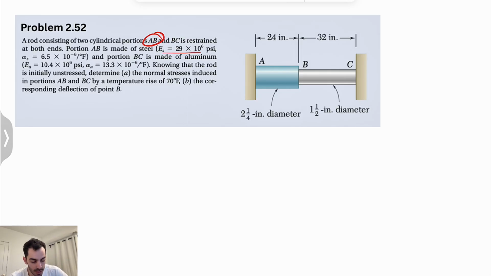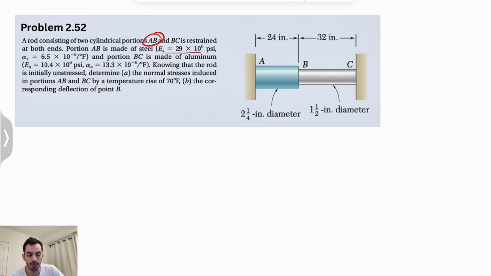What's happening here is that we're going to increase the temperature by 70 degrees, and these two portions are trying to expand, but obviously the two ends are blocked, so there will be a restriction at the two ends, A and C. So that's going to make another force inside of these two portions.